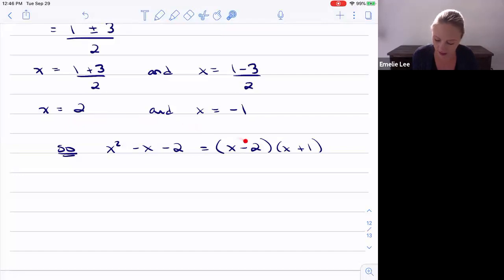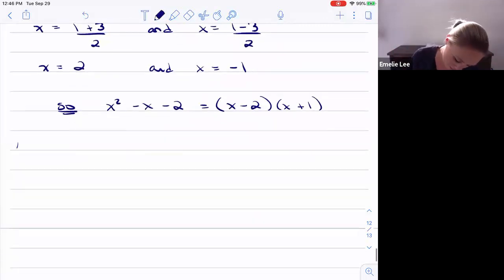Minus 2 because if x is equal to plus 2, it has to be 0, and x plus 1 because if x is equal to negative 1, it has to be 0. Okay, I factored. You can expand it and check it, but I'll leave that to you guys.